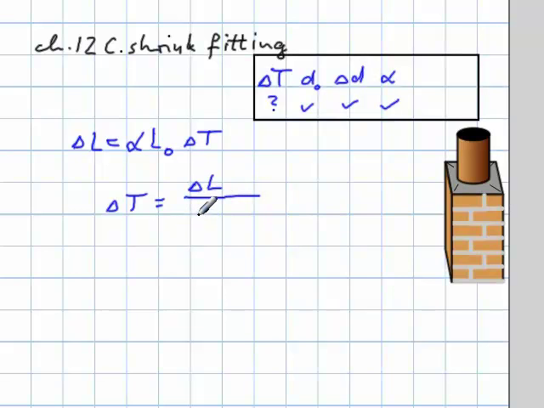And then divide that by the alpha, which we look up in the book, and it's given as, for steel, iron or steel, 12 times 10 to the negative 6, and the unit on that is per Celsius degrees.